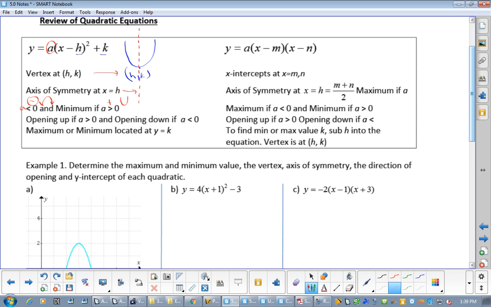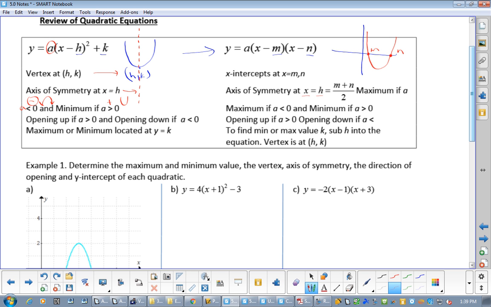Now, you can also take the same thing and you can factor it like this. So it's a times x minus m times x minus n. And m and n are your x-intercepts. So when you go like this will be m, and this will be n. And if you want to find the axis of symmetry, which is the h, we already talked about that, but I don't have an h.